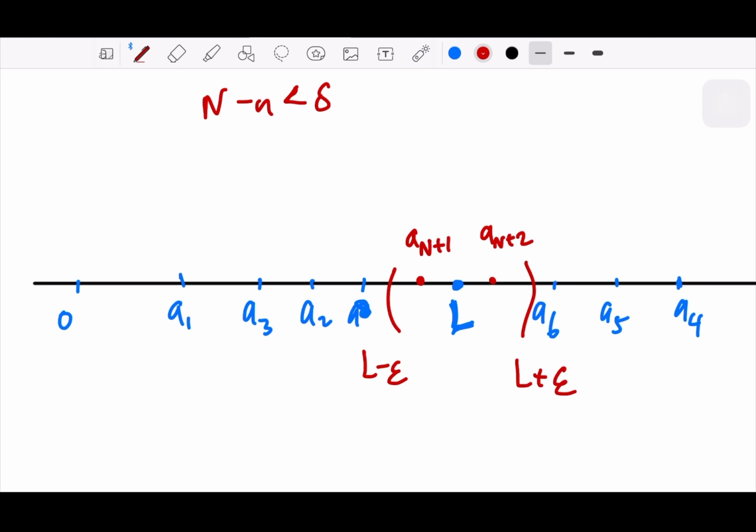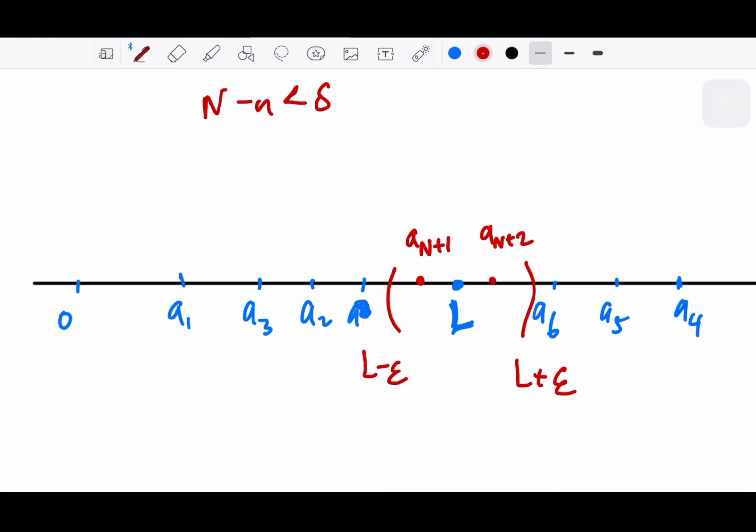So it's always that the number capital N is always nearby the L. No matter how small the interval we have, there will be some capital N that is always nearby this L.